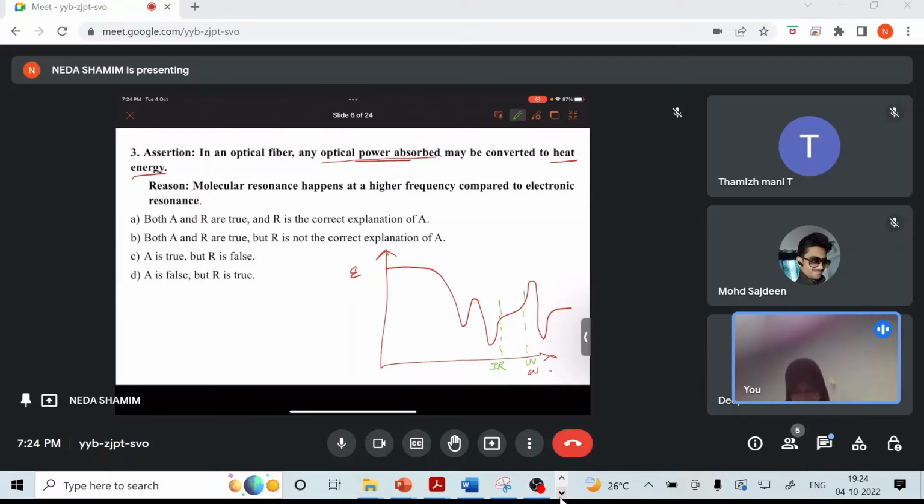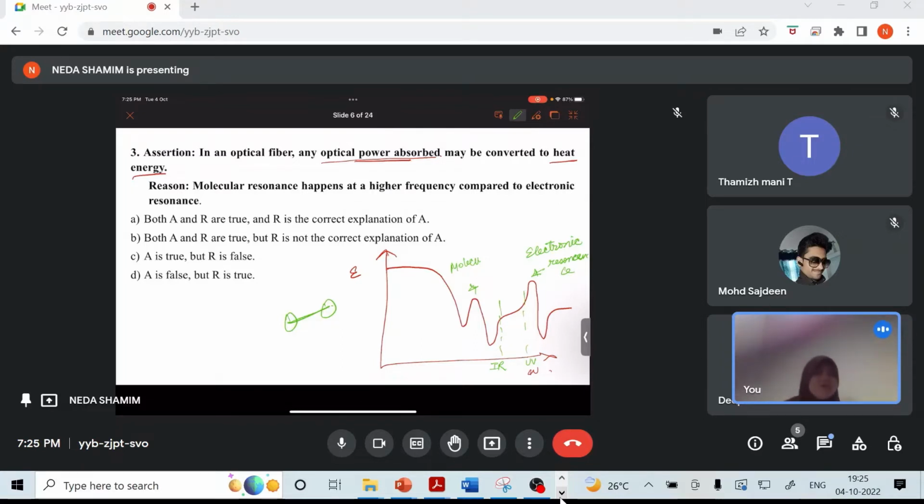This is the electronic resonance, where only electrons are involved. And what is this resonance? This is because of molecular resonance, that is atomic dipoles. One atom is associated with another atom, and atomic or molecular dipoles are created.